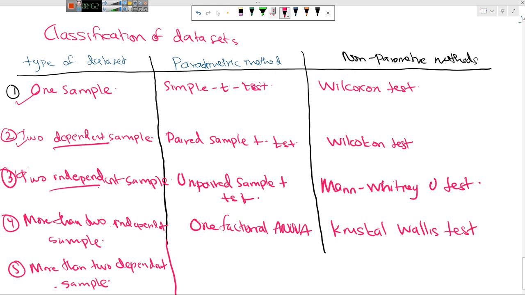Now if we have more than 2 dependent samples, we will use repeated measures of ANOVA, analysis of variance, but here we will use the Friedman test.